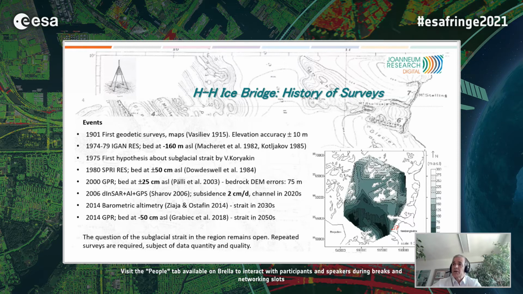Essential errors in the subglacial bedrock heights reached up to tens of meters, and in some places where positive relief of the glacier bedrock was shown, only seawater can be seen now.